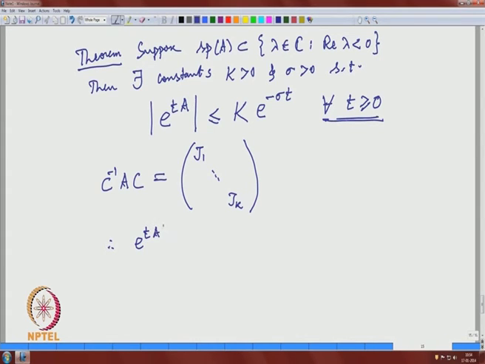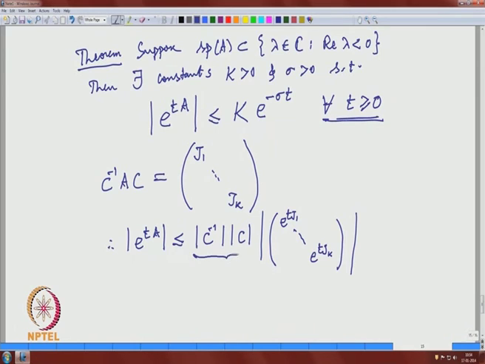So, therefore, you have norm of e to the tA is less than or equal to norm of C inverse, norm of C, and then you have norm of this matrix e to the tJ1, ..., e to the tJk, and this is just a constant, you leave it, and this we have already seen that this is less than or equal to maximum of e to the tJl, because this is all block diagonal.